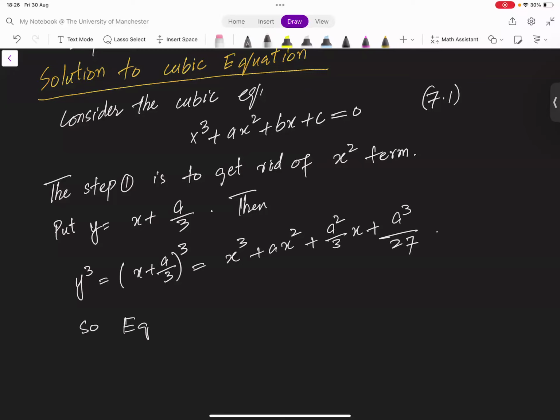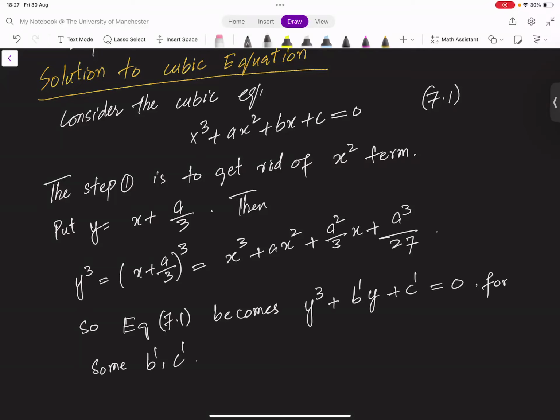So equation 7.1 becomes y cube plus p prime y plus c prime is 0 for some p prime, c prime.